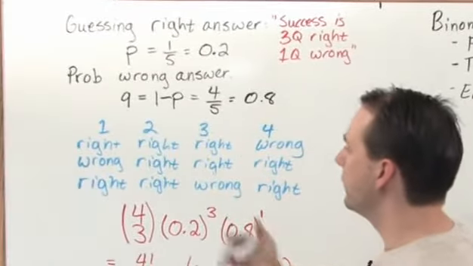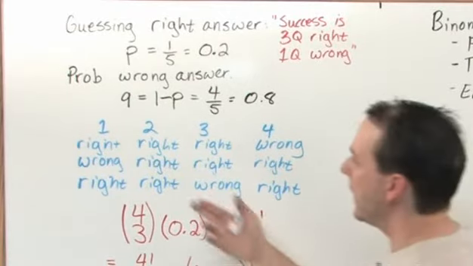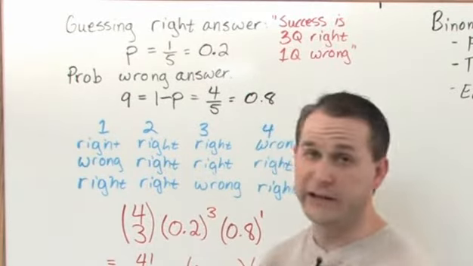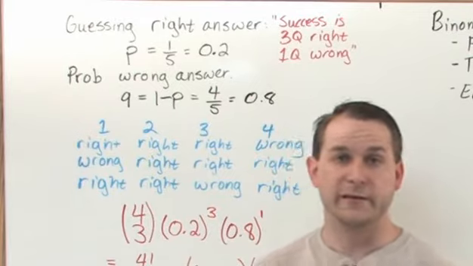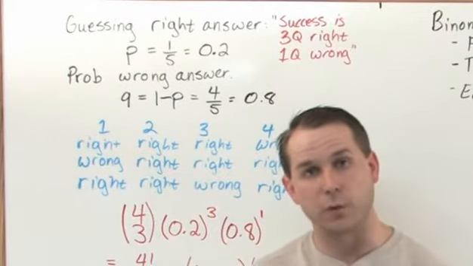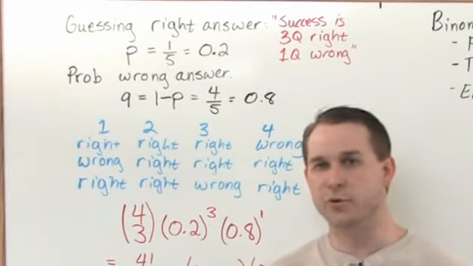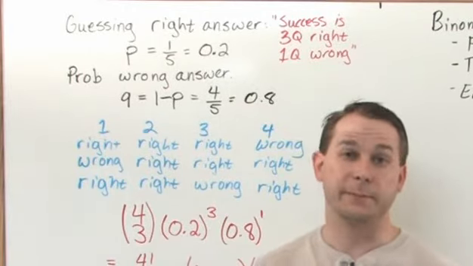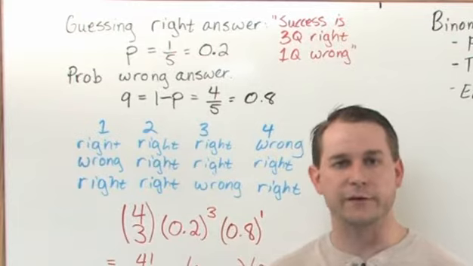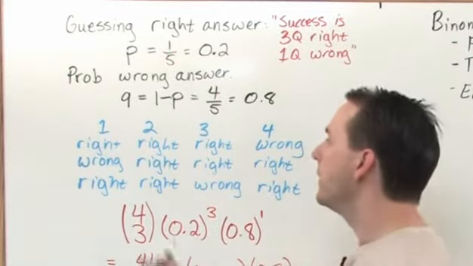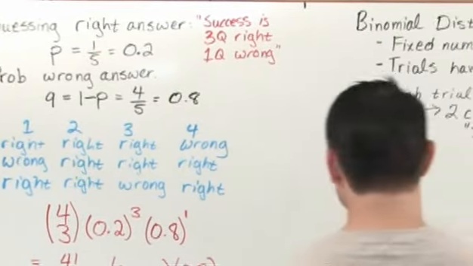In this question, if I answer question number 1, I'm either going to get the right answer or the wrong answer. It's 2 ways to come out, right or wrong. That's it. Okay, there's no in-between state. There's no maybe. There's no ambiguity or anything. It's either right or wrong. Flipping a coin would be another good example. Heads or tails. There's no third choice, okay? So that's why it satisfies this is a binomial distribution.